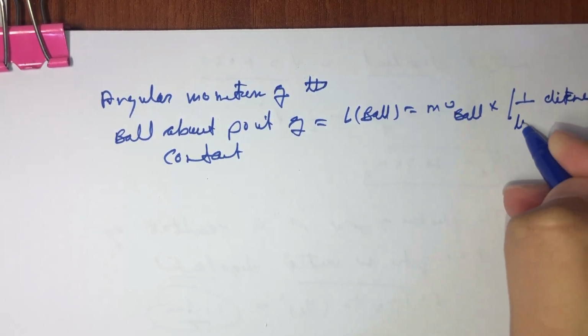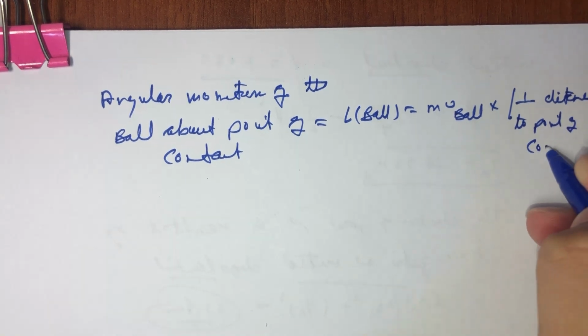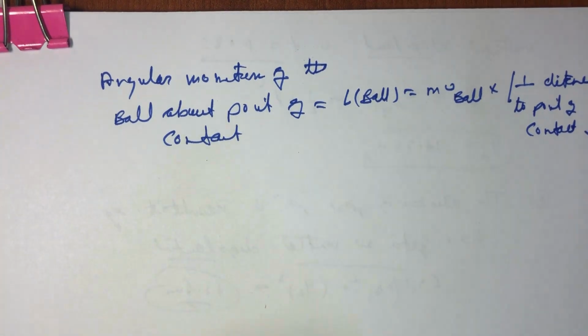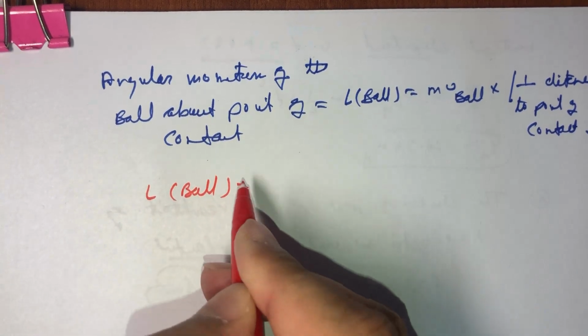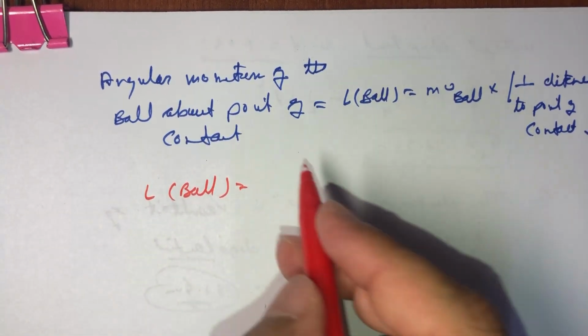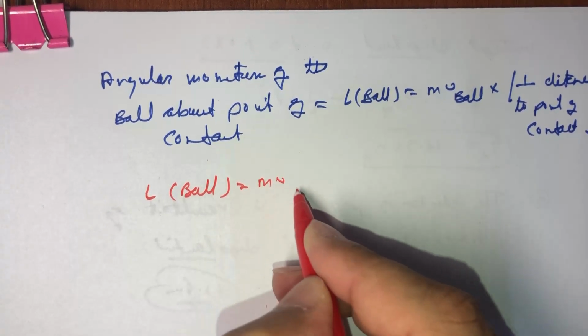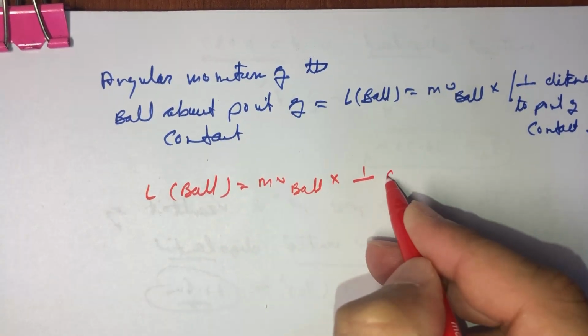So we get that L ball will be equal to m v ball multiplied by the perpendicular distance.